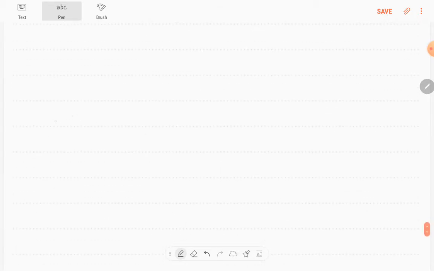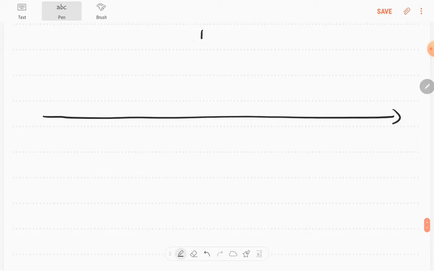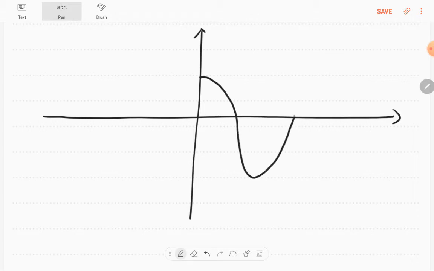Okay, so we have cosine. The graph for the cosine is this one, right? This is 1, this is -1. This is one period.